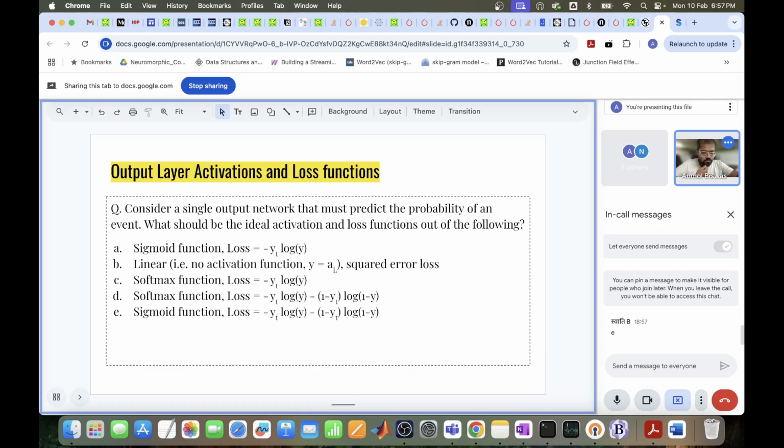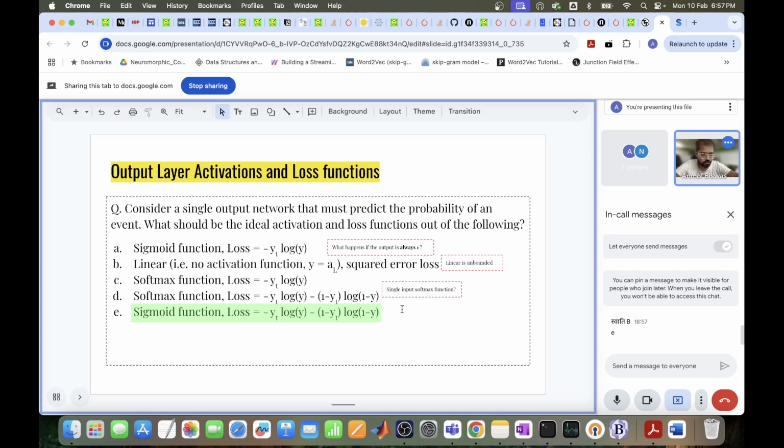So we have y_t log y, right? But we also have to consider the negation of y, right? So we also have to consider 1 minus y, the probability, and 1 minus y, the target, right? So this is nothing but the cross entropy loss, right?